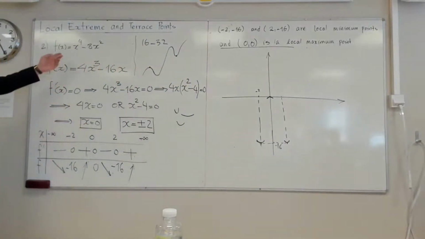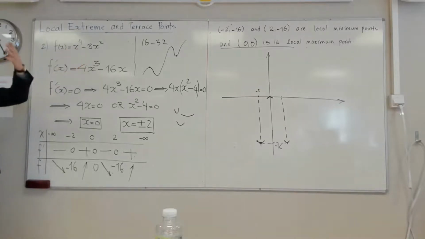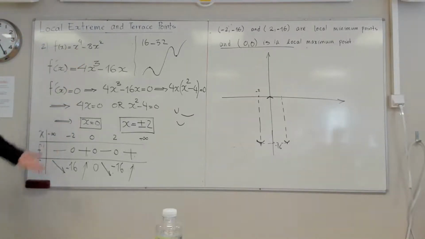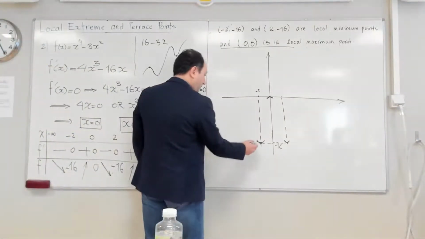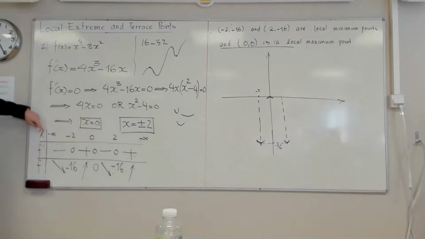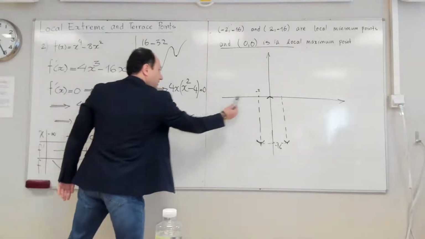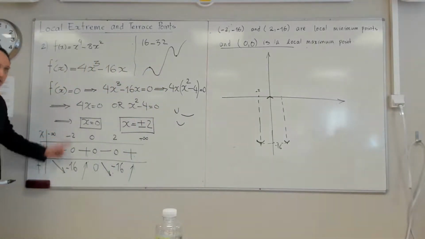And then I told you, if you look at this function, it's a polynomial function, it's continuous. So a continuous function goes very smoothly. So you have a rough idea of the graph of the function. When you are at -infinity, very, very left, the function goes down and down and down until it reaches this point.